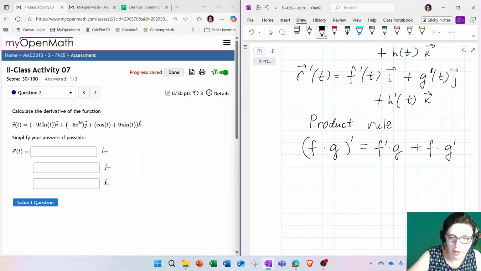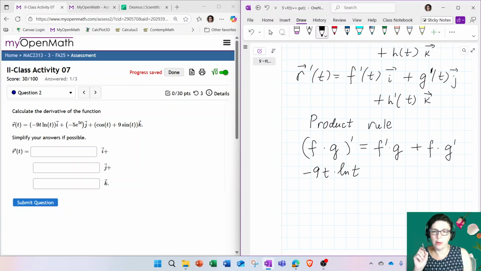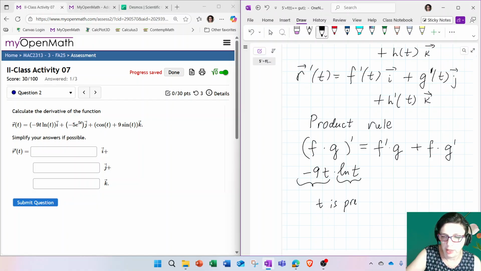And I'm going to apply that rule to negative 9t natural log of t. Now, why do I need the product rule here? Whenever you have a product where this part has the variable and this part also has a variable, so t is present, or whatever variable, x, whatever, if the variable is present in both, then we need to use the product rule.